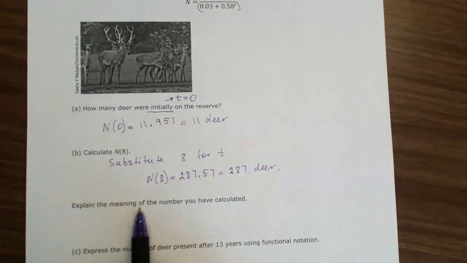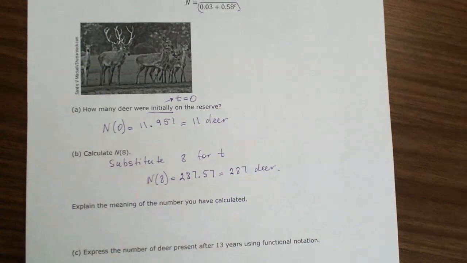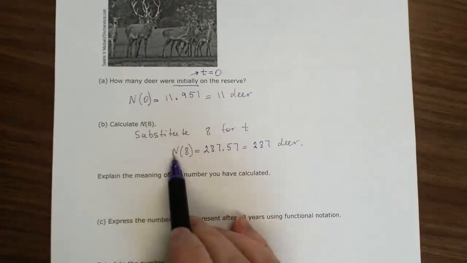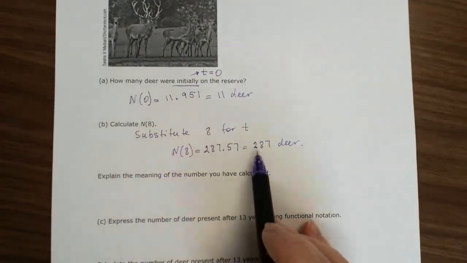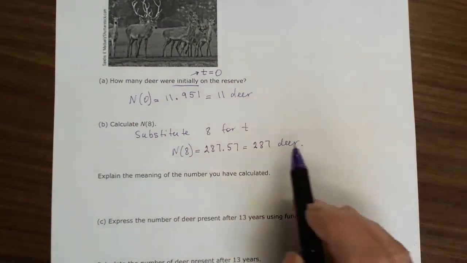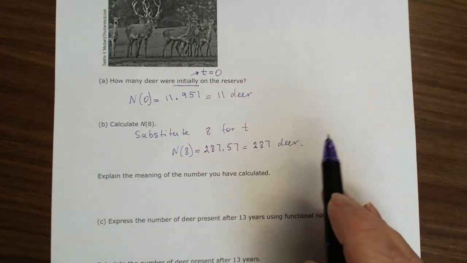Explain the meaning of the number you have calculated. So we see that n of 8 is equal to 287, and we know that it will be deer.